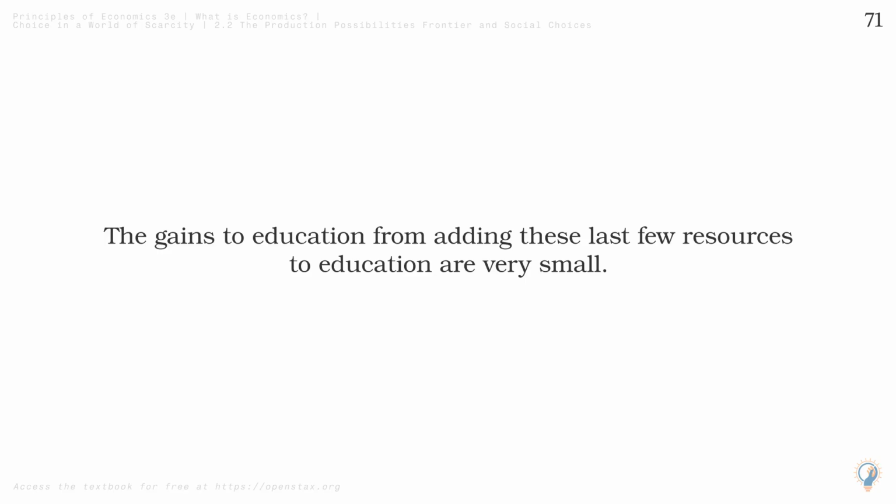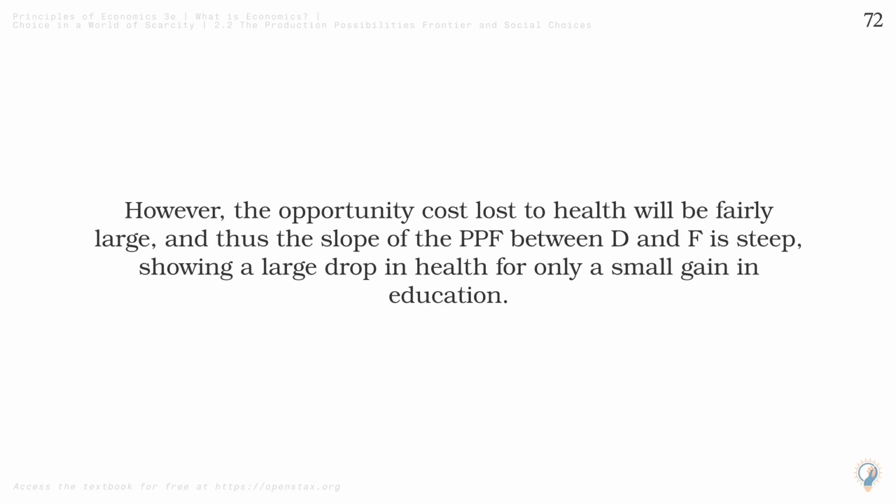The gains to education from adding these last few resources to education are very small. However, the opportunity cost lost to health will be fairly large, and thus the slope of the PPF between D and F is steep, showing a large drop in health for only a small gain in education.